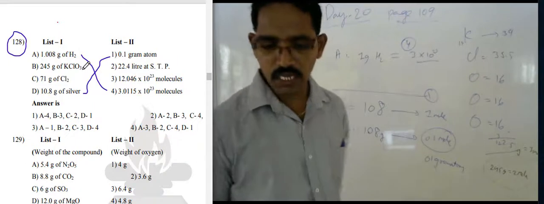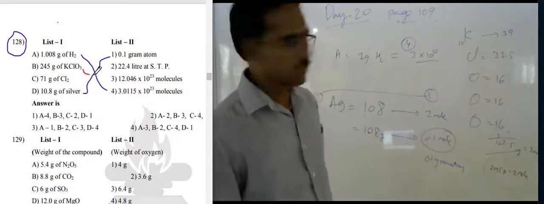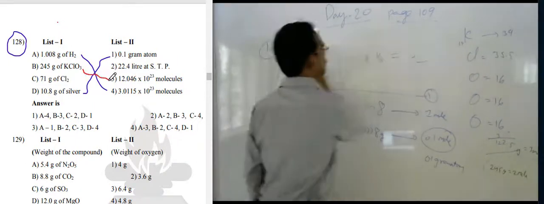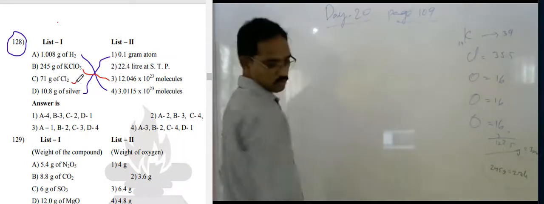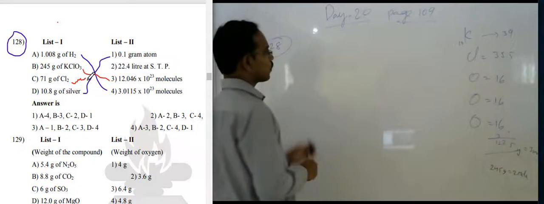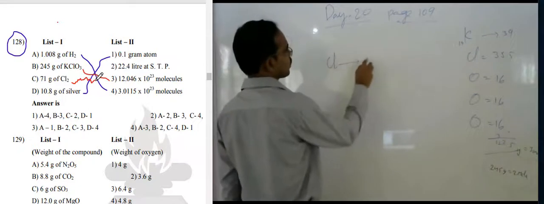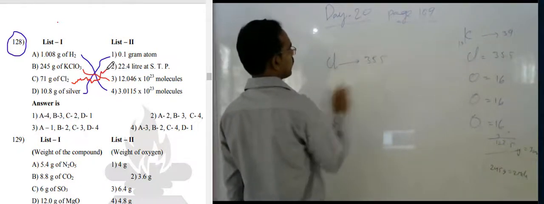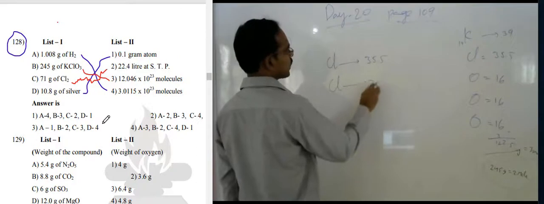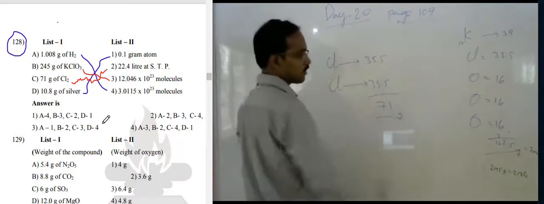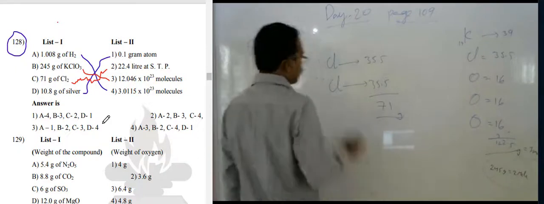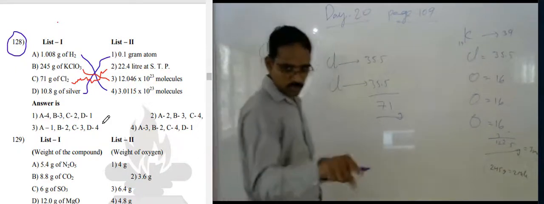C, 71 gram chlorine. 1 chlorine is 35.5. If you take 1 more chlorine, 35.5, so total 71. 71 gram equals 2 moles of chlorine atoms.